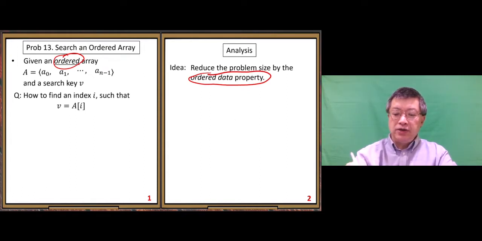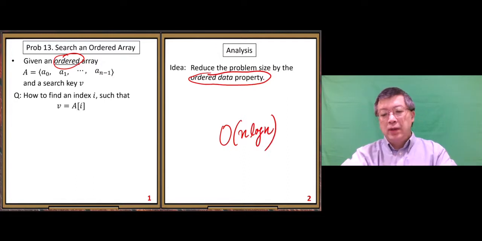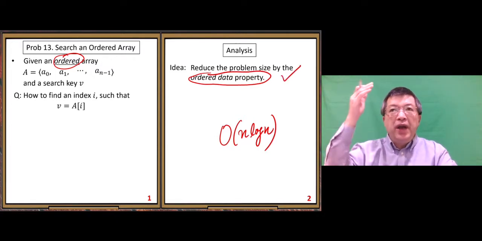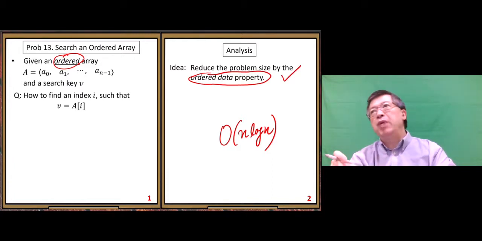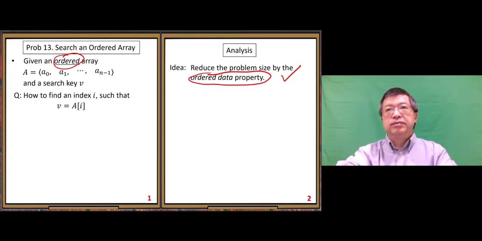Let me use the asymptotic notation, big O of n log n. That's a lot of cost. But here we don't need to pay anything. We already have that ordered data property. So definitely we need to use it.